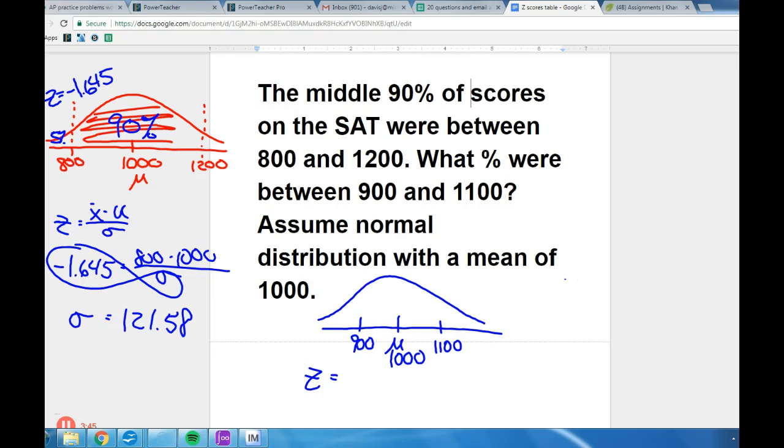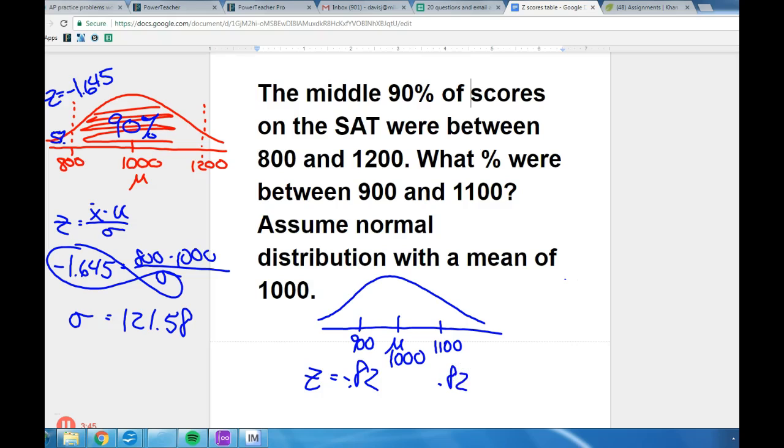That's why I said what I got with some rounding. So that's a z-score of negative 0.82.